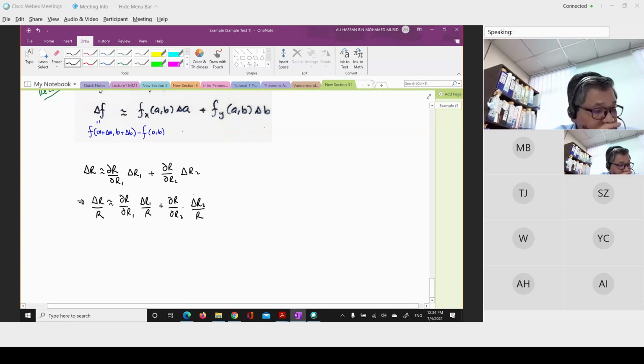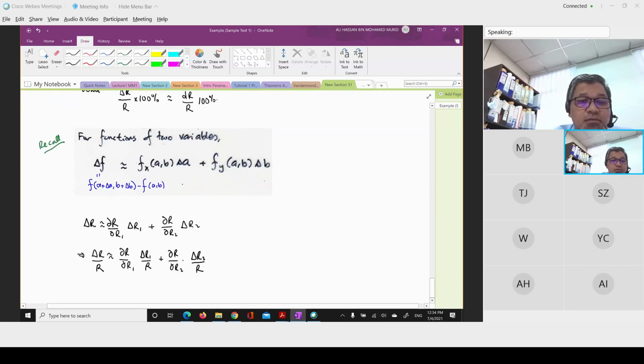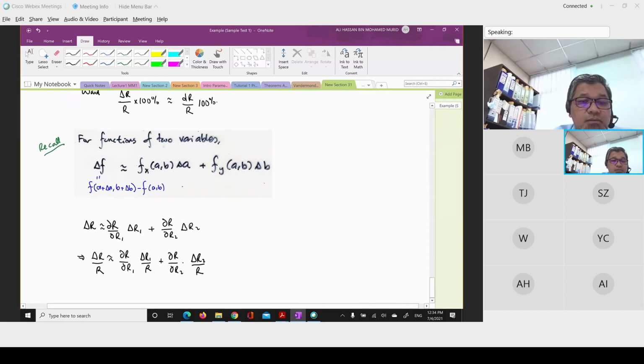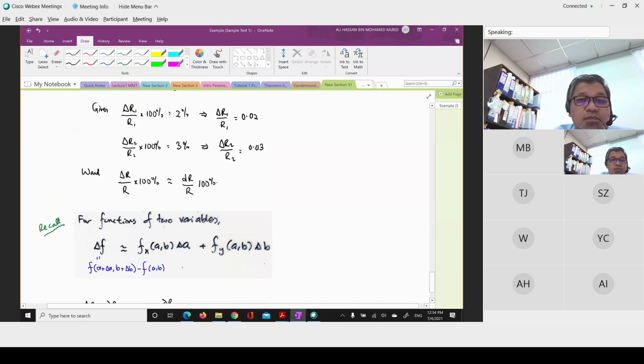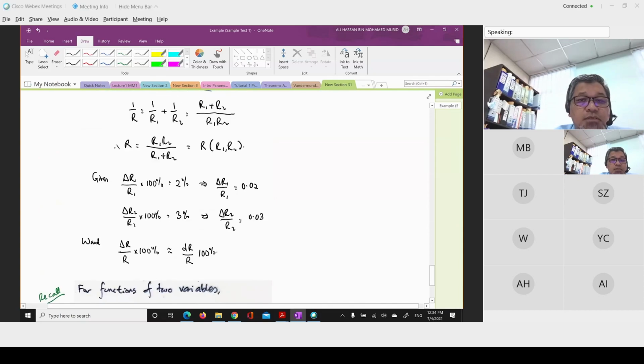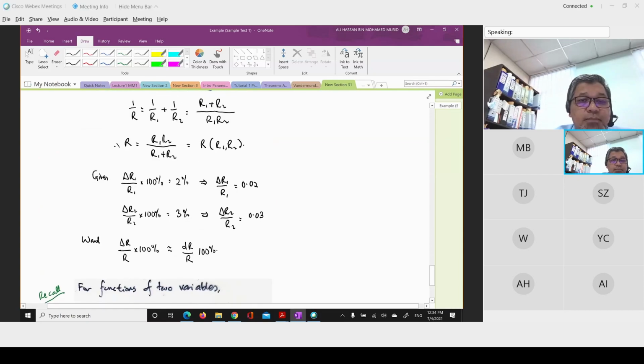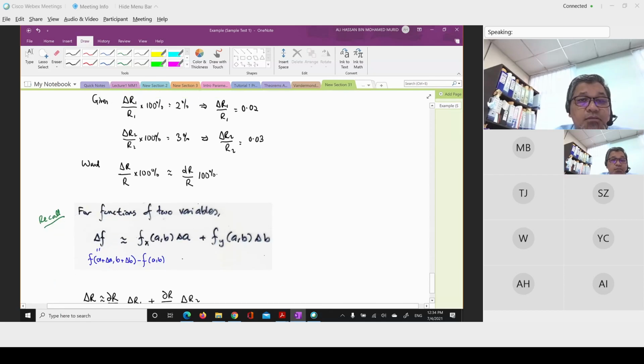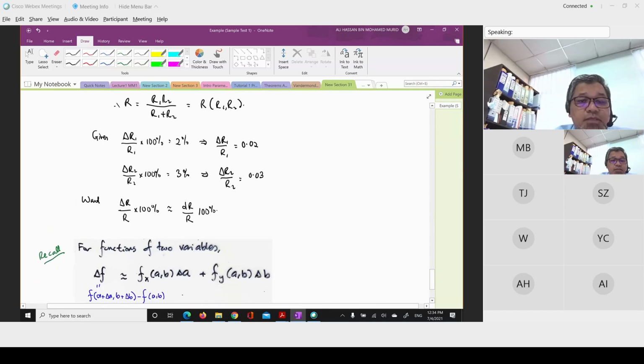What is R? R is R1 R2 divided by R1 plus R2.